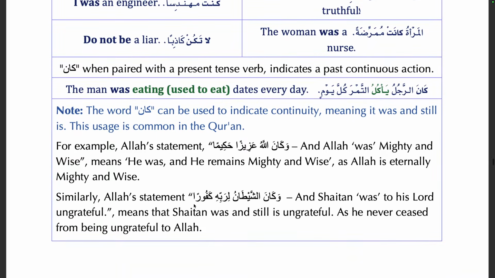Similarly, Allah's statement, وَكَانَ الشَّيْطَانُ لِرَبِّهِ كَفُورًا. And shaitan was, kana, to his Lord, kafura, ungrateful. Does it mean that shaitan was ungrateful, now he is grateful? No, he was ungrateful and he is still ungrateful.